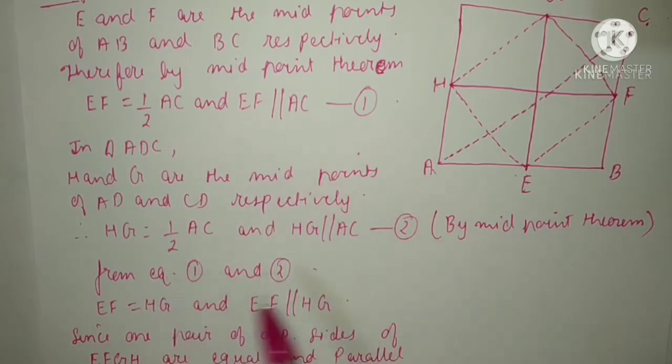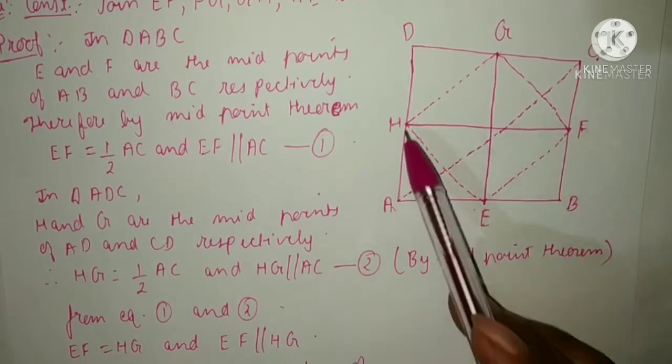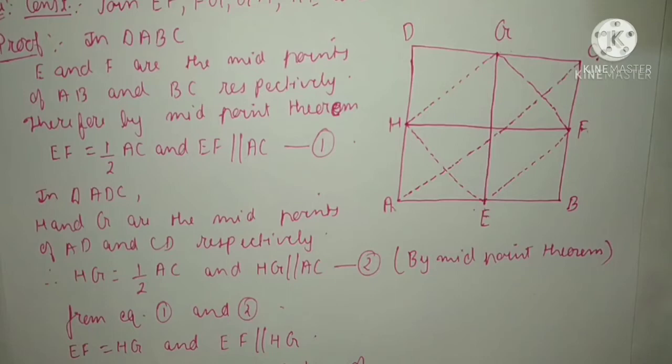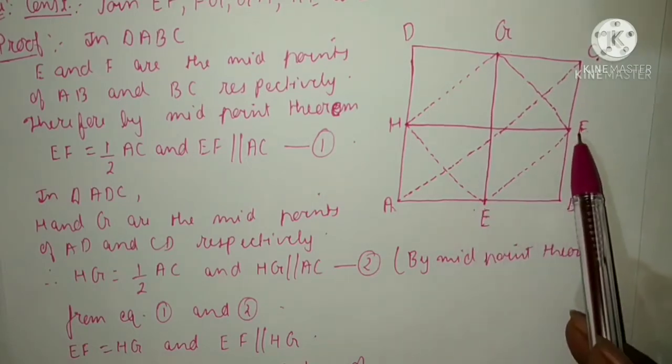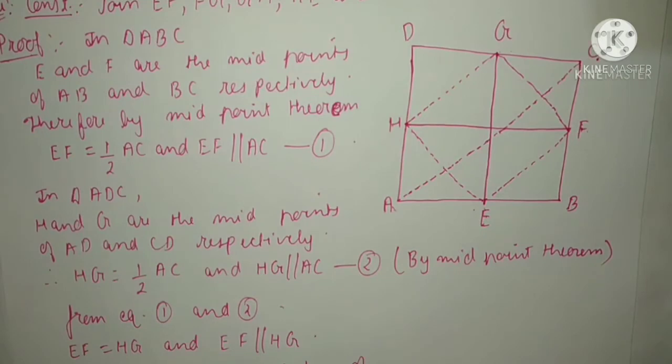So from equation 1 and 2, we can write this also, that EF is parallel to HG. Now see, this EF is parallel to this HG and is also equal to this HG. So EFGH will be a parallelogram. Why? Because one pair of its opposite sides are equal and parallel.